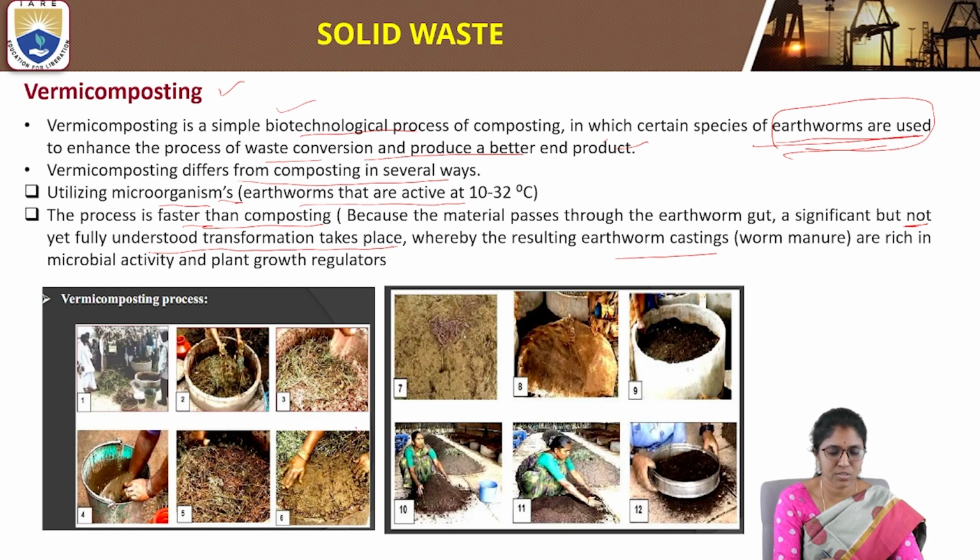This is the process of vermicomposting. Here we have 12 stages. The first one is collection, and like this we have different stages. Finally we get the manure, that is composted solid waste.